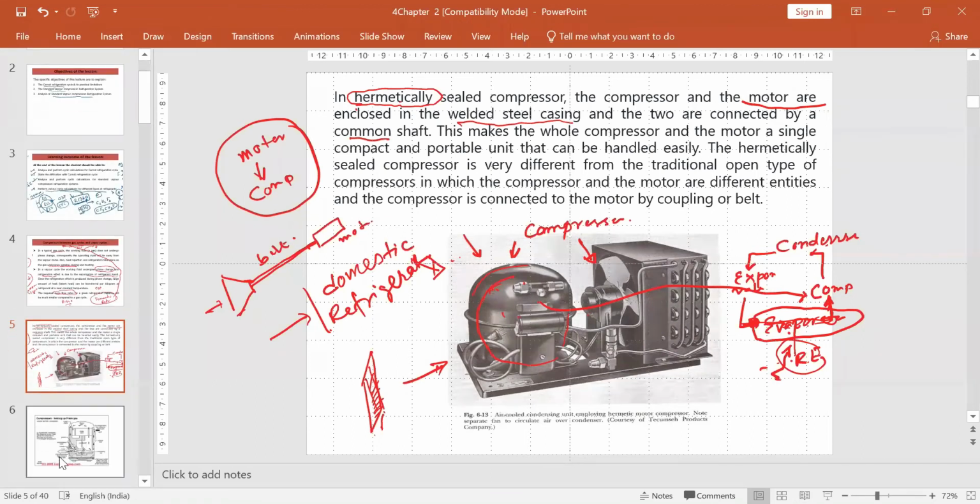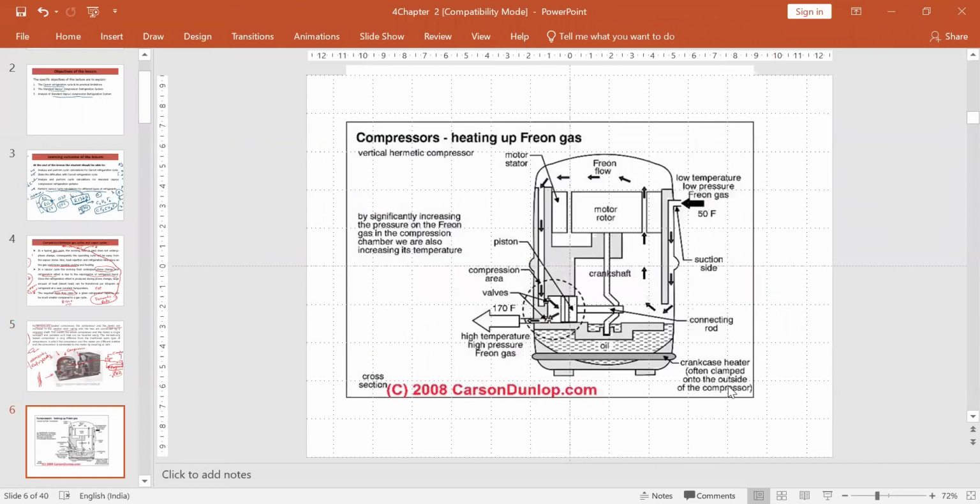Now you see, this is the block diagram. This is the compressor assembly, and this is the suction pipe. Here the freon gas enters, and it will enter the compressor. You see, the compressor is coupled with a motor through a crankshaft. All are housed in the same assembly.